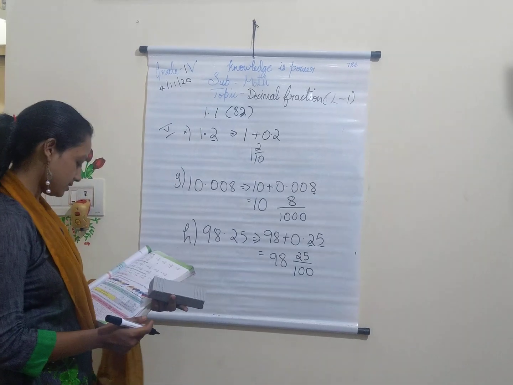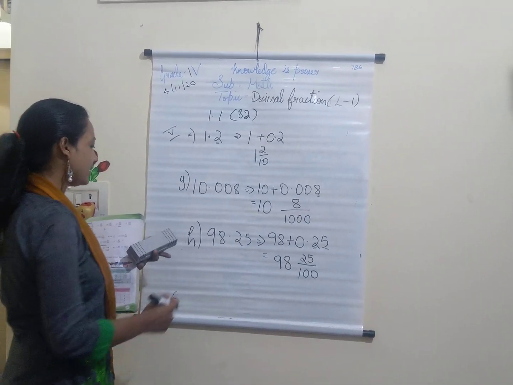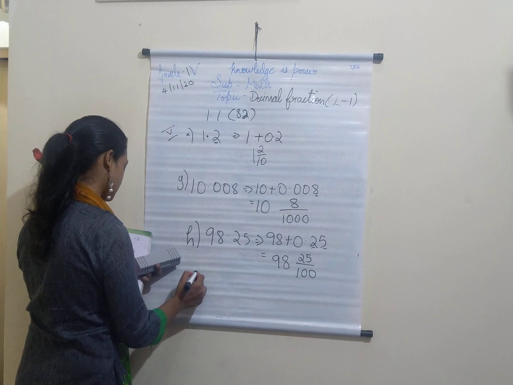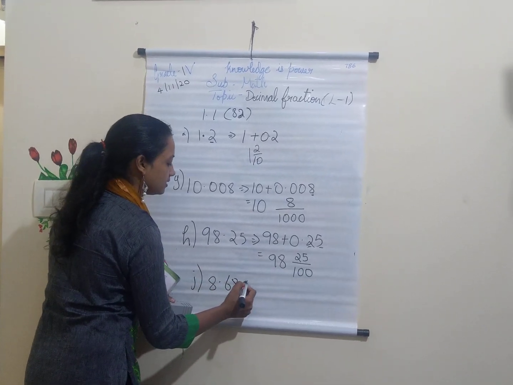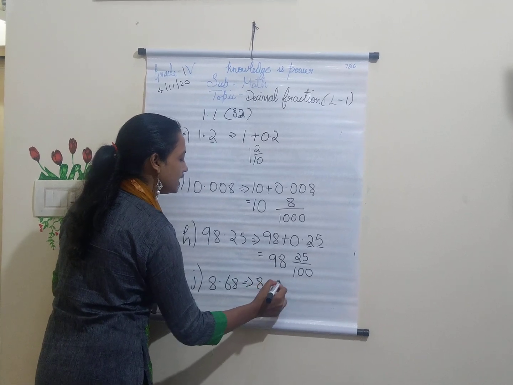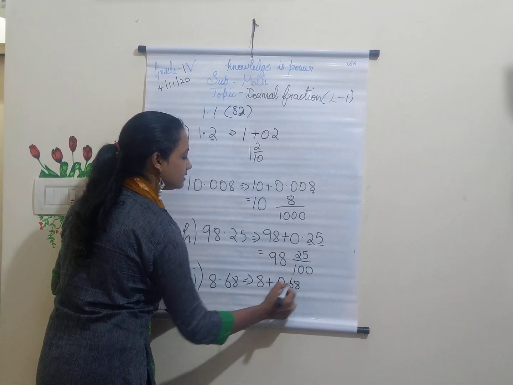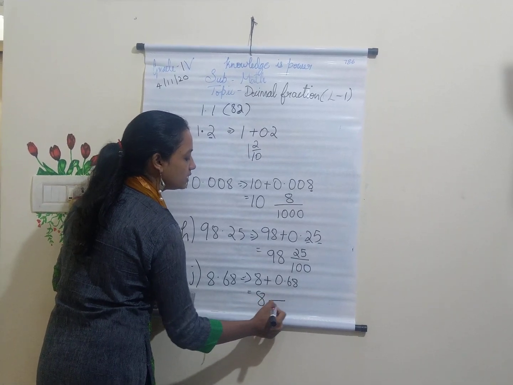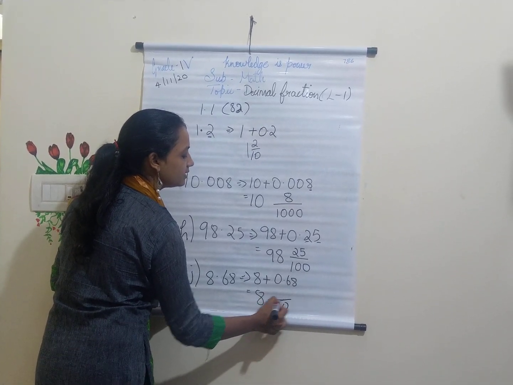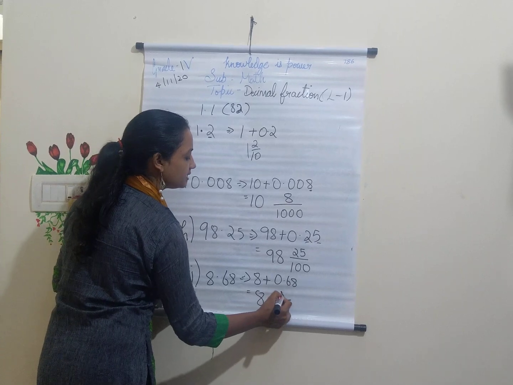This is my answer. Now let's go for J1 now. 8.68. Split it up. 8 plus 0.68. 8 as it is. 68. You have two decimal numbers, so 100 and write the number 68 here.